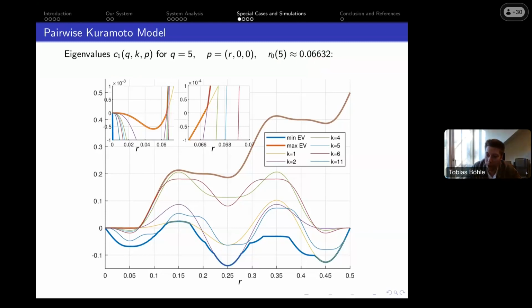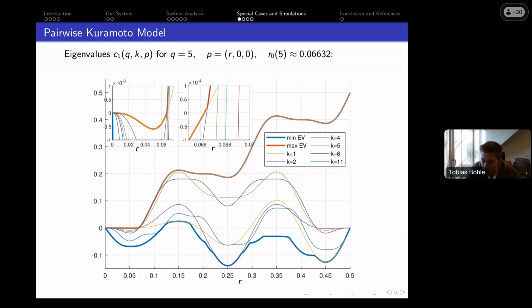And then if you look even more closely at this point here, that's what's represented in this figure here. As you can see, this is the maximum eigenvalue that goes through 0 here.